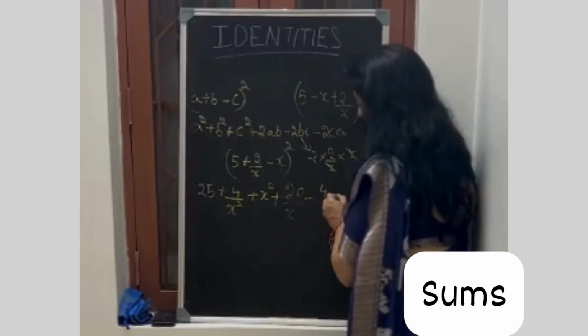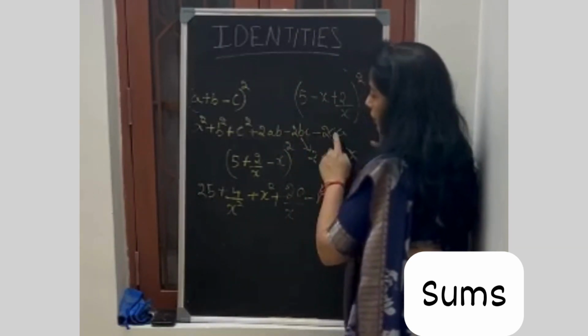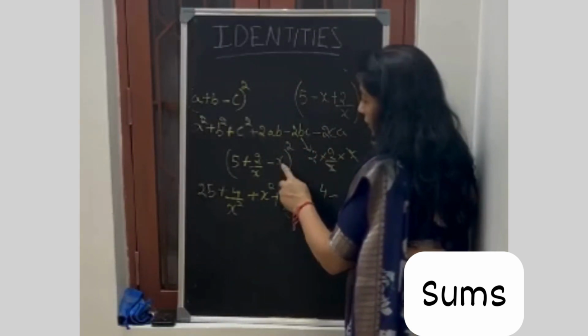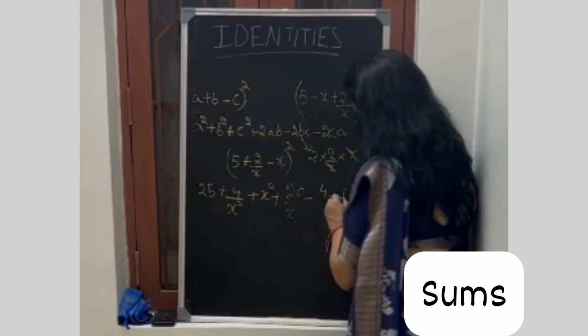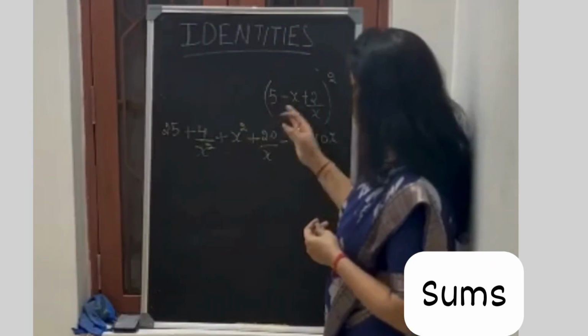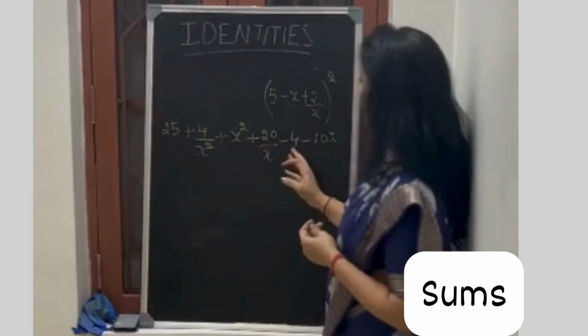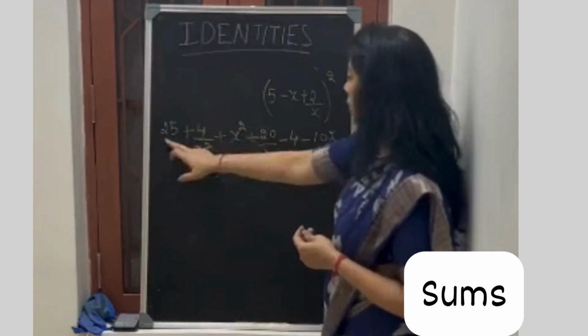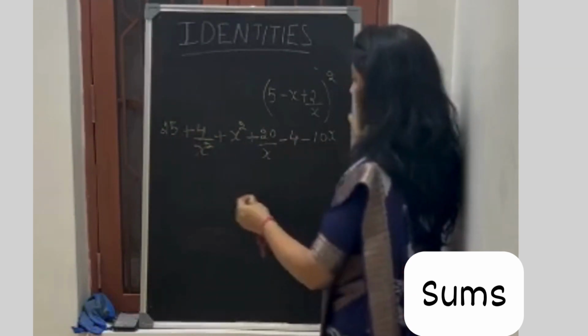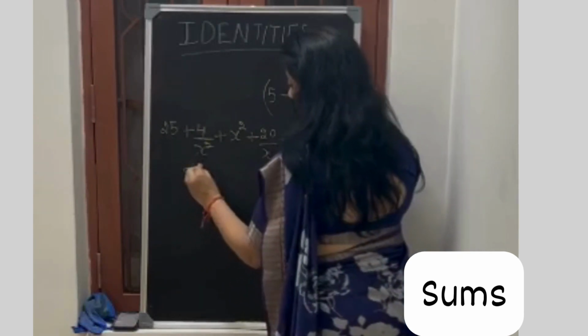Then minus 2ca. So what is c over here? x, and a is 5. So 2 5s are 10, 10x. The last step in this sum: I have to do subtraction because these two are constant numbers. 25 minus 4 is 21.